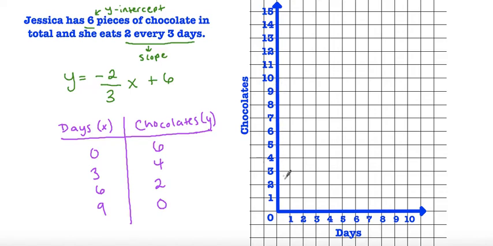So here on our graph, we could start at 0, 6 because she started off with 6 pieces of chocolate. And then after 3 days have passed, she ate 2, and then another 3 days pass. She ate 2 after another 3 days, and then another 3 days passed, okay? So we could draw our line through this.